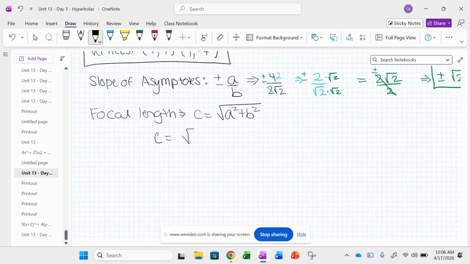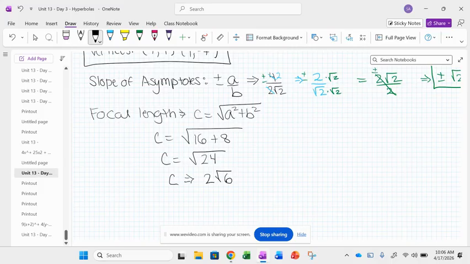So C is equal to the square root of 16 plus 8. So C is equal to the square root of 24. So that's going to break down into 2 root 6, right? 4 and 6. Yep, 2 root 6.